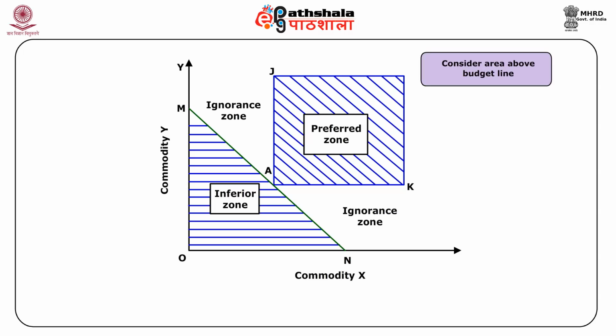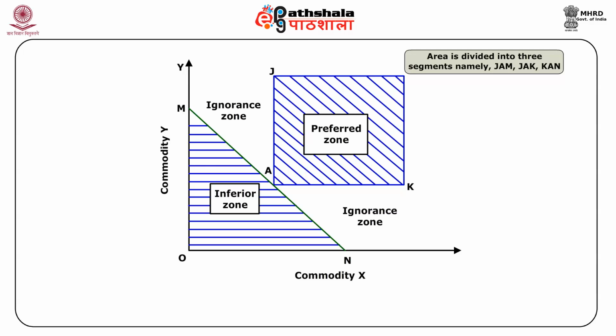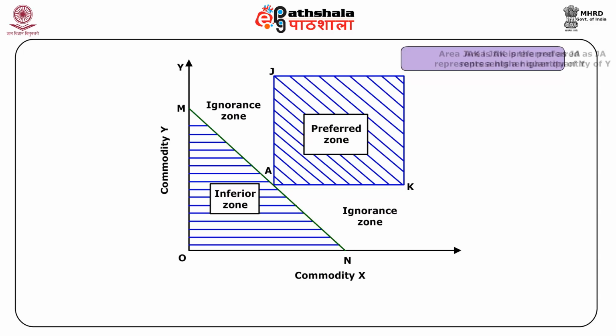Let us now consider the area above the budget line. This area is divided into three segments, namely JAM, JAK, and KAN.